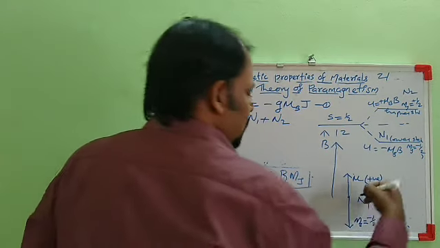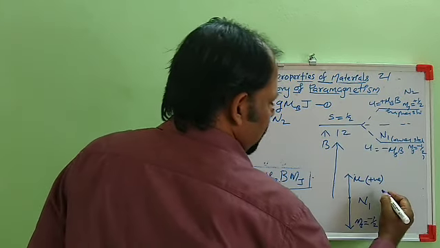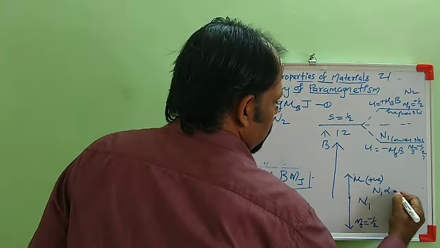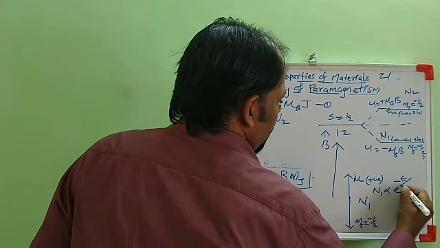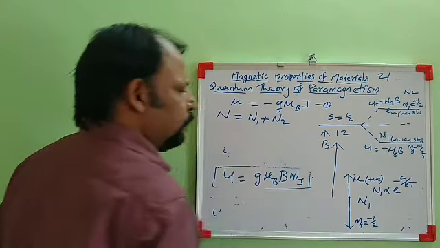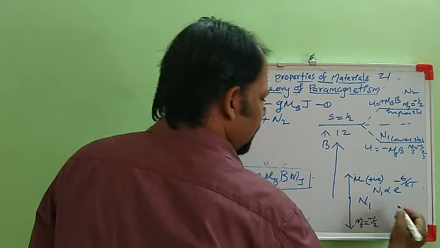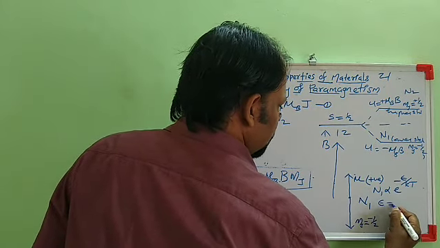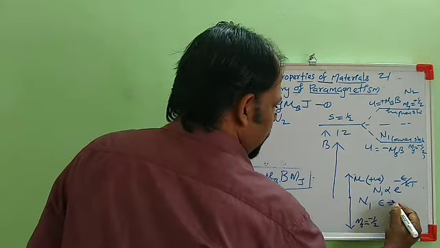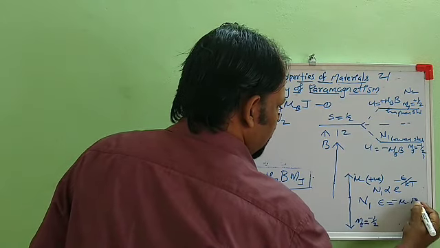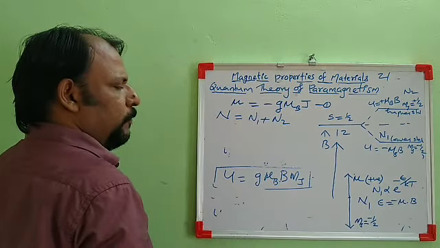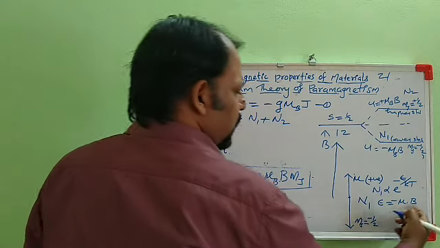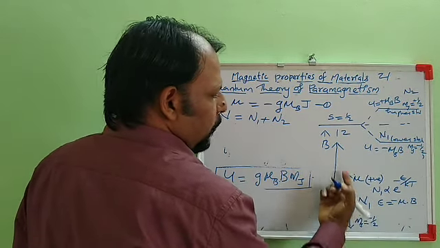So the number of atoms in that state, N1, is proportional to e raised to minus E by kT. Here E, the energy of atoms in this state, will be minus mu dot B. Potential energy of dipole in external magnetic field is minus mu dot B. In this case, mu and B are parallel.